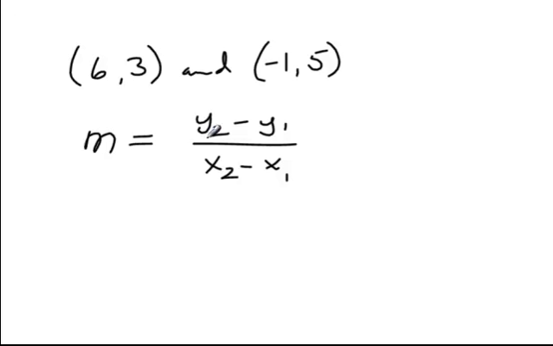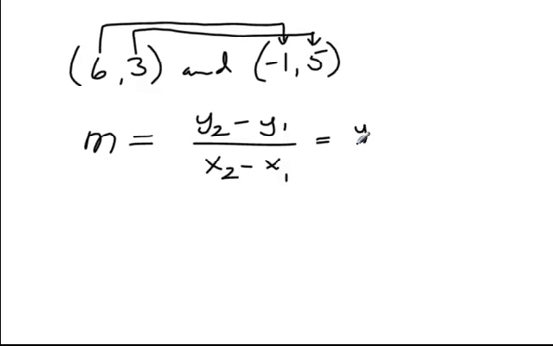All these base numbers mean is that I have to do it in order. So if I start with this y and subtract this y, I have to do the same order with my x's. So I like to just have you guys remember y minus y, x minus x.